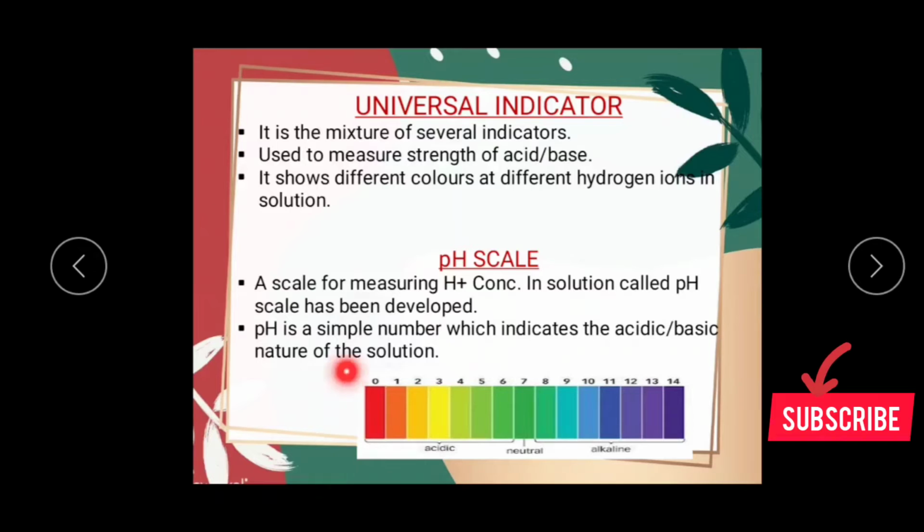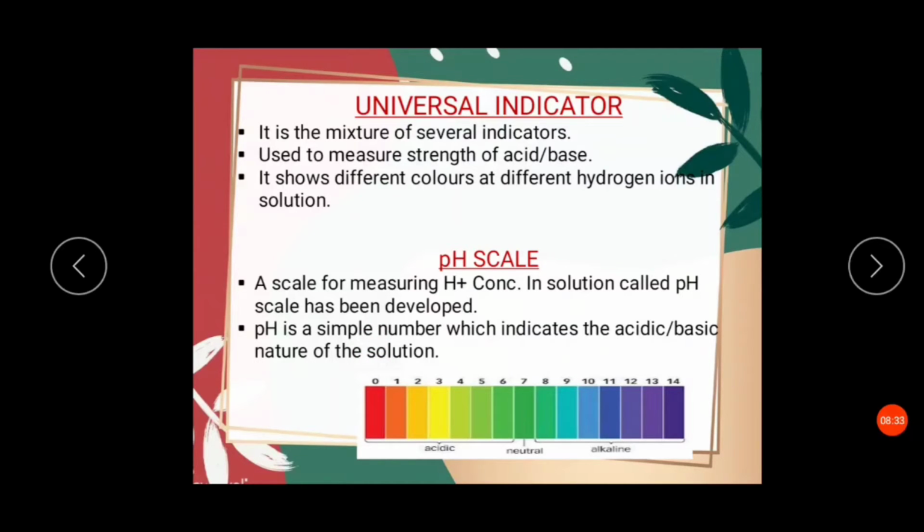So you can see here, this is a pH scale. Different colors are there. It is from 0 to 14. 7 is neutral, and the numbers from 0 to 7 indicate the acidic nature, and 7 to 14 indicate the basic nature. If we are testing a particular acid and it shows this red color, it will be in the 0 category. It means it is a strong acid.